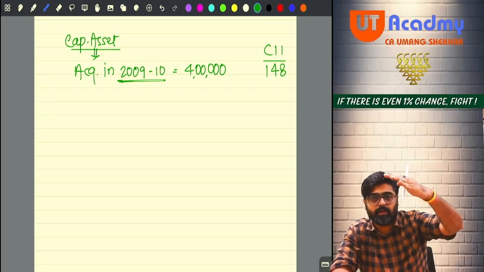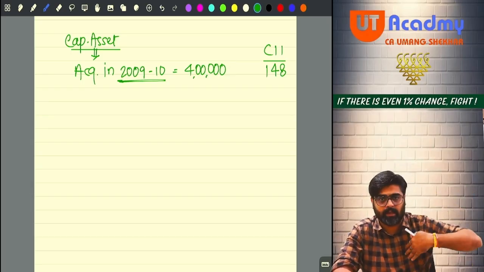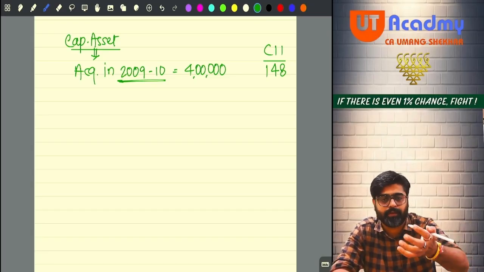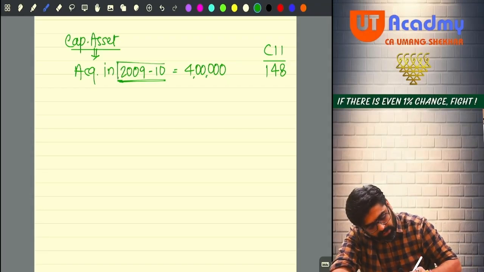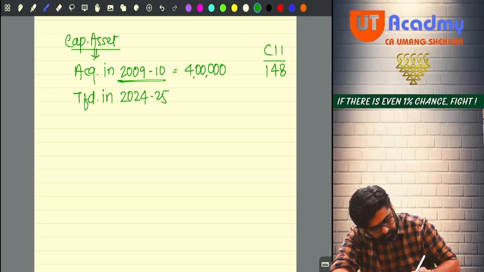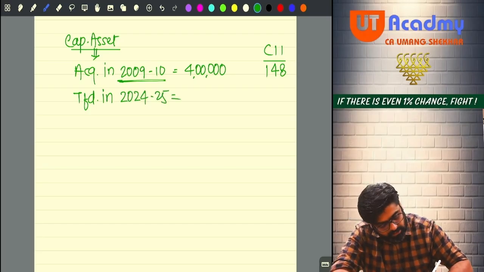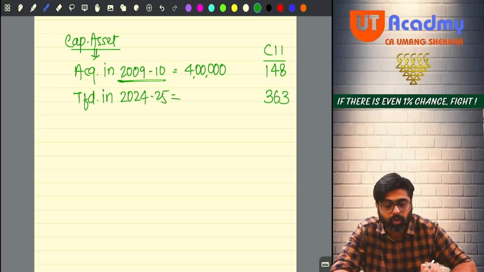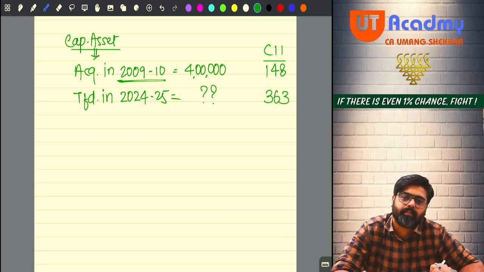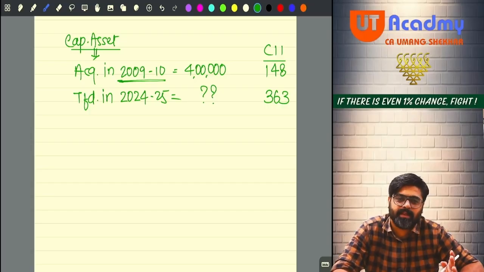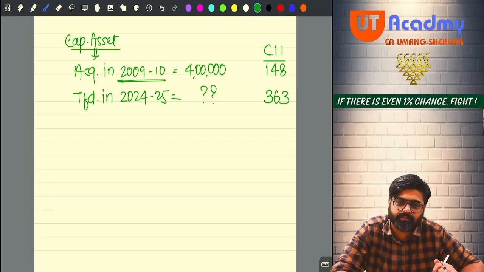Now the same asset which I acquired in 9-10, I am selling in 2024-25, when the CII is 363. So what should have been the cost of this asset today? Cross multiplication, as simple as that.